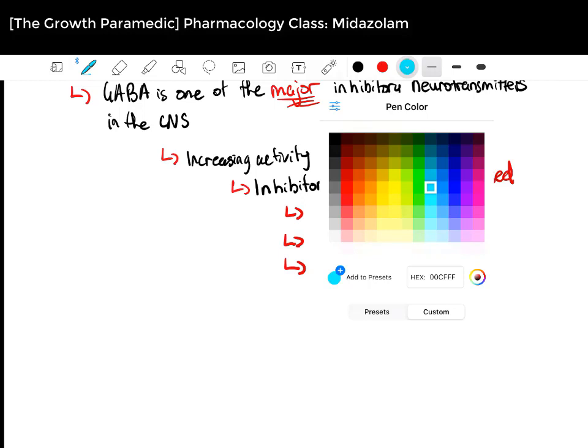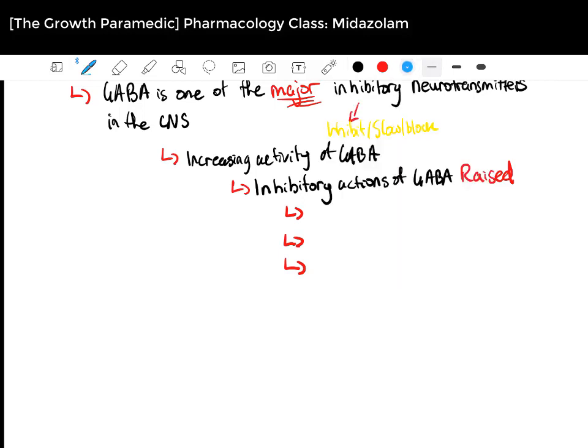So, sedation effects. Relaxes skeletal muscles. So hence reduces muscle usage in seizures and induces sleep.